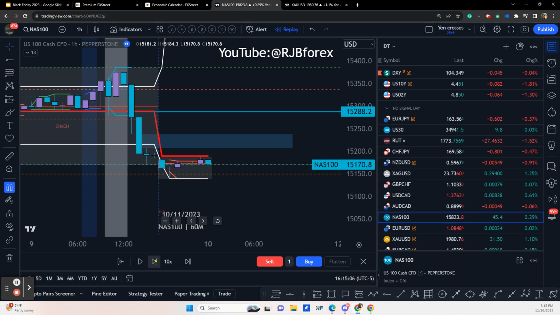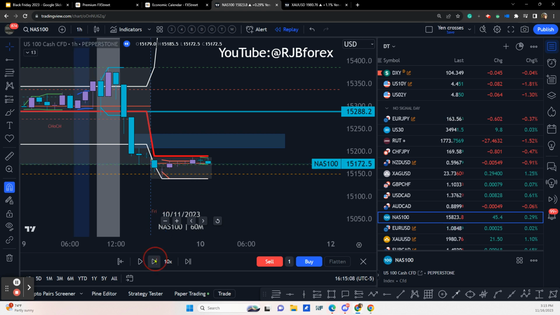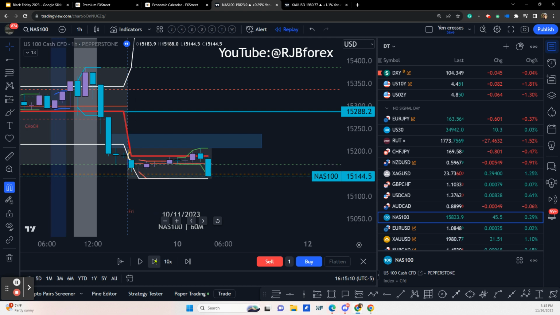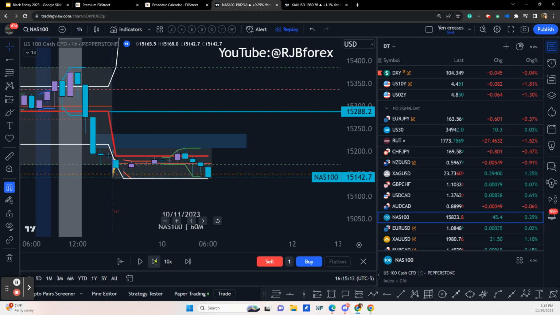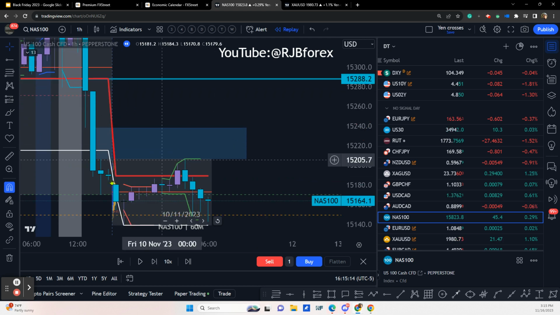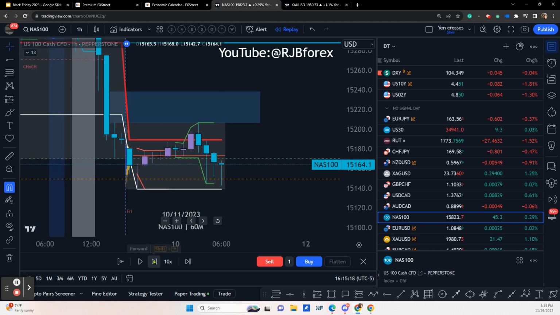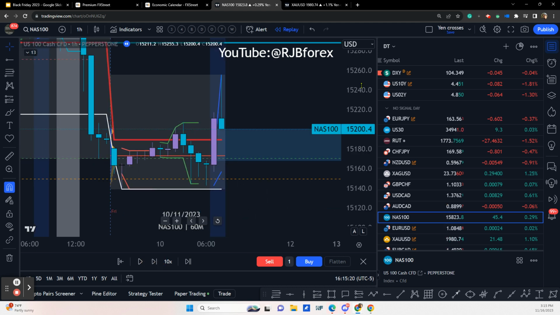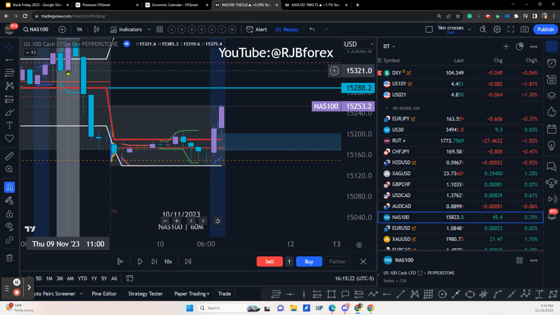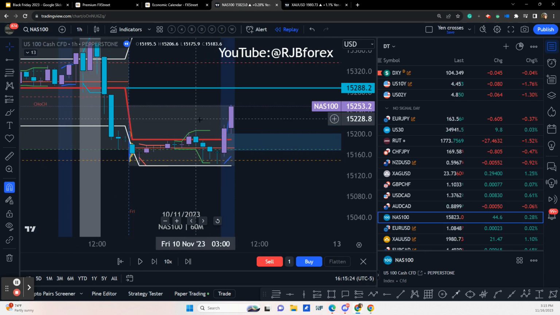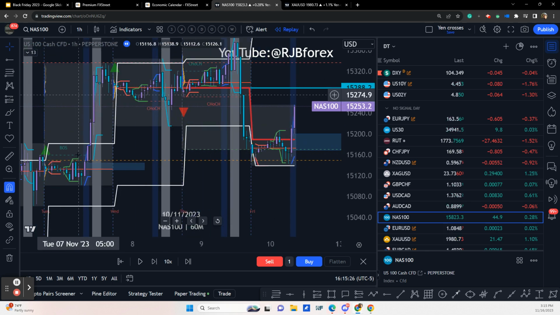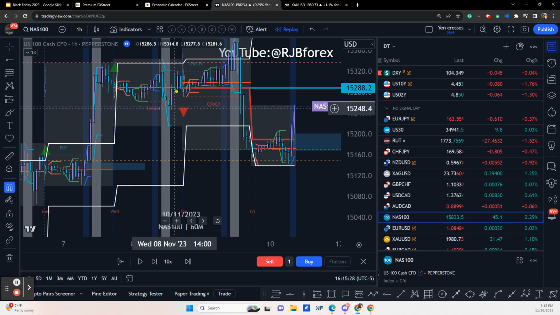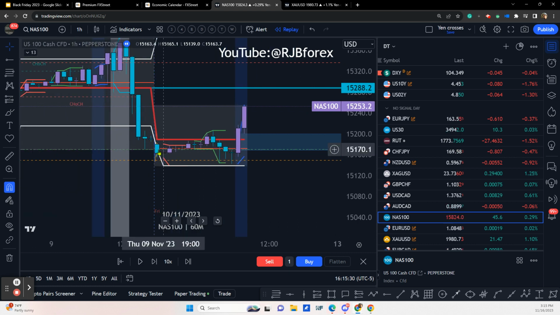Now, I don't trade in Asia, I don't trade in London. So we get the benefit of trading in, you see, there was the trade in London from where? The closing price, short. But in the US session, we get the benefit of not only the order flow from Wednesday and Thursday, we also get the benefit of Asia and London.